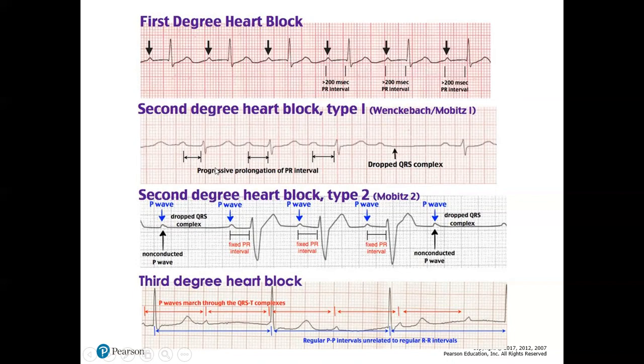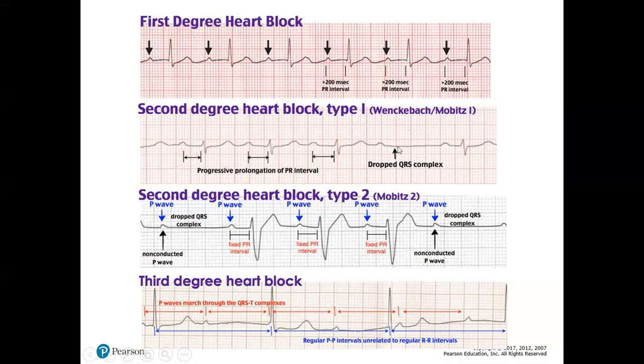Here again with your second degree, as you progress through that PR interval, it gets longer and longer, and then eventually it drops your QRS complex. Here's your PR interval, here's your QRS complex for that one, here's your PR interval, here's your QRS complex for that one, here's your PR interval, and your QRS for that one, and then here's your P, but there's no QRS.